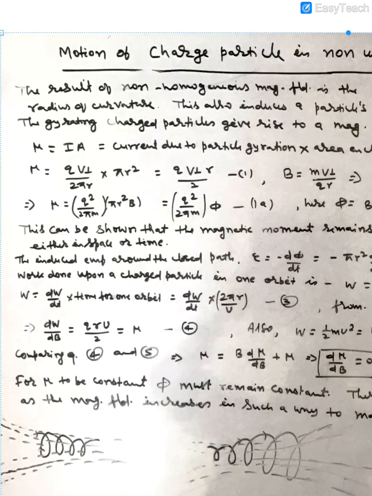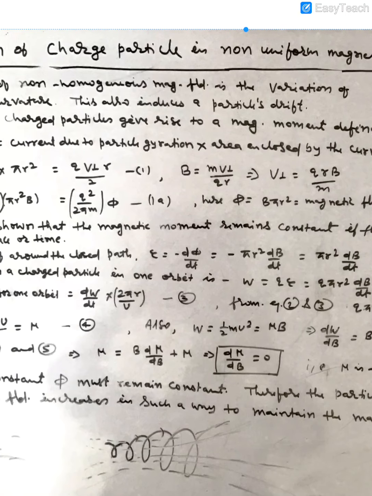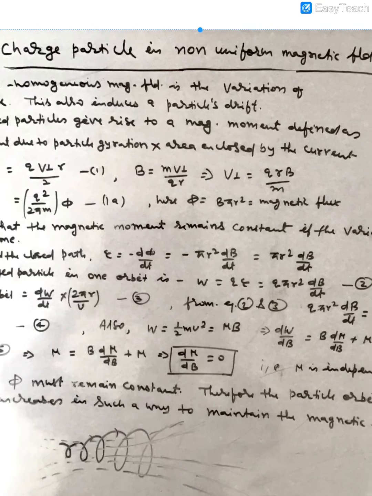This induced EMF is given by Faraday's law of electromagnetic induction as equal to minus d phi upon dt, which represents the rate of change of magnetic flux with respect to time. Numerically, this will equal pi r square dB upon dt, and we are concerned with the magnitude only, so we can write the EMF as pi r square dB upon dt.